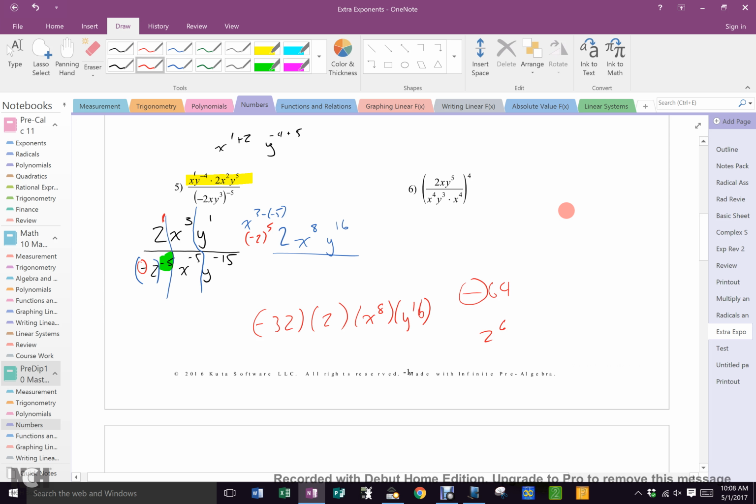Anything else from the really hard exponents sheet? What made it really hard? Nothing really, right? I changed the alphabet order sometimes. I put some 0 exponents in there, but what do you get to do with every 0?